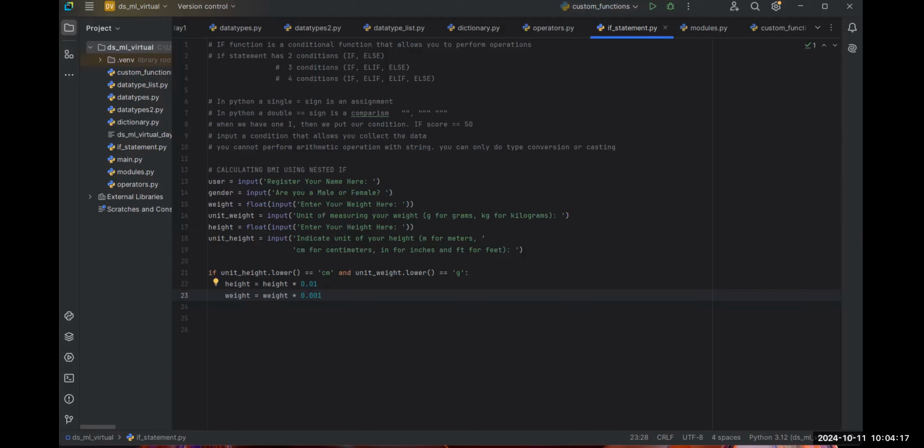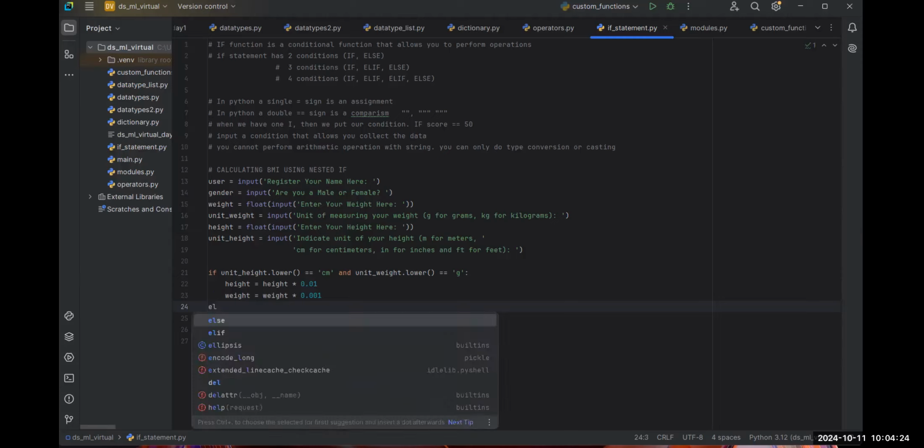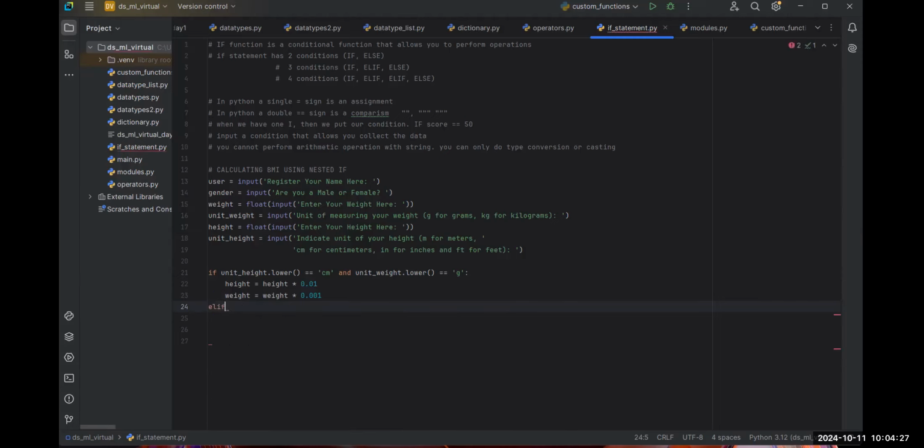I hope you understand what we are trying to achieve. Now, what else? We have done the one for centimeters and gram. Let's do the one for centimeter and kilogram.